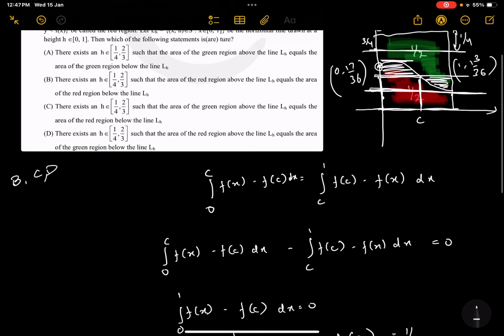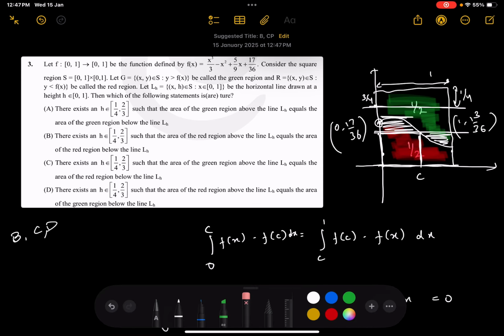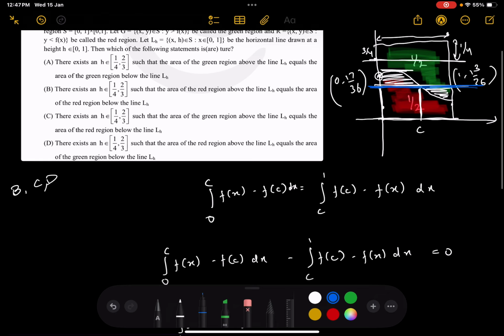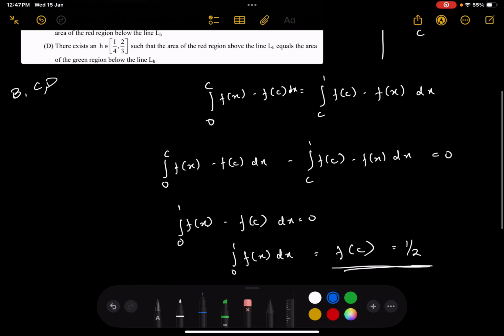Because notice that f(c) is this line which we are required to find, this line f(c). We tried to solve for c, but instead we got the value of f(c), because when we brought this whole expression to the left, we got 0 to c f(x), and by distributing this minus, we'll get this minus and this plus.